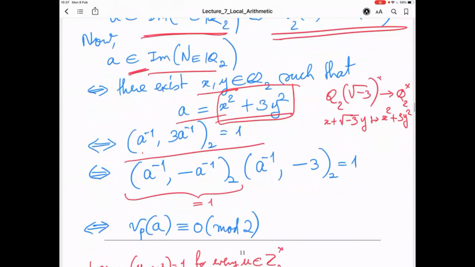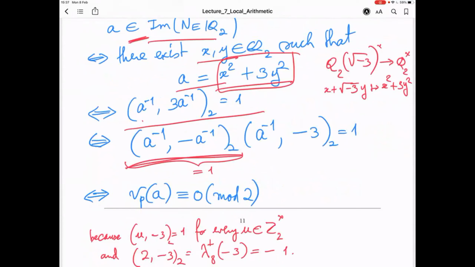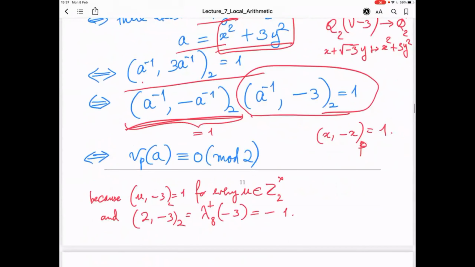So we can expand it, and this is the first factor, this is the second factor. The first factor is always equal to 1 because (x, minus x) at 2 or at p is always equal to 1. So we have to check that the second factor is 1 if and only if the valuation is even.